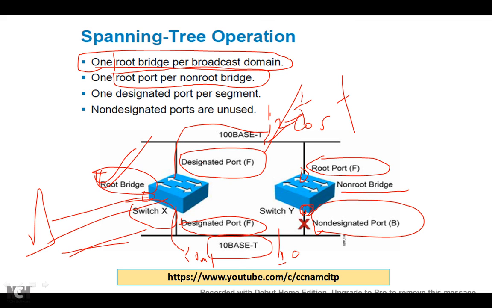If we see this picture, it is very clear. This is one segment and this is one segment, and both segments are directly connected to this bridge. So this port will be a designated port, and this port will be a designated port, for this segment and this segment.